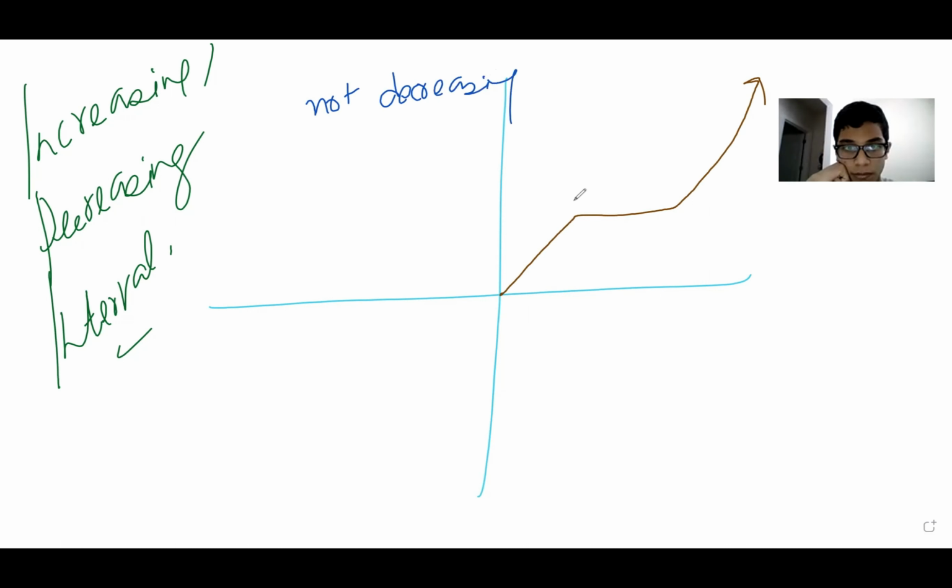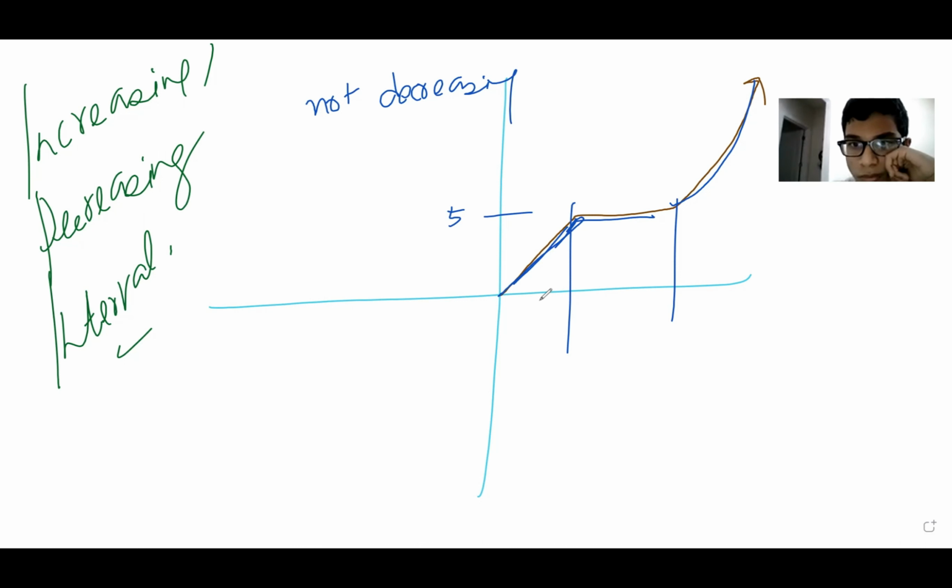What does this portion show, which is kind of constant? So we have this portion which is increasing. This is also increasing, and that is a constant, right? Neither decreasing nor increasing. Correct. Now, when we talk about increasing and decreasing intervals, one thing that is very important is how fast, the rate of change.